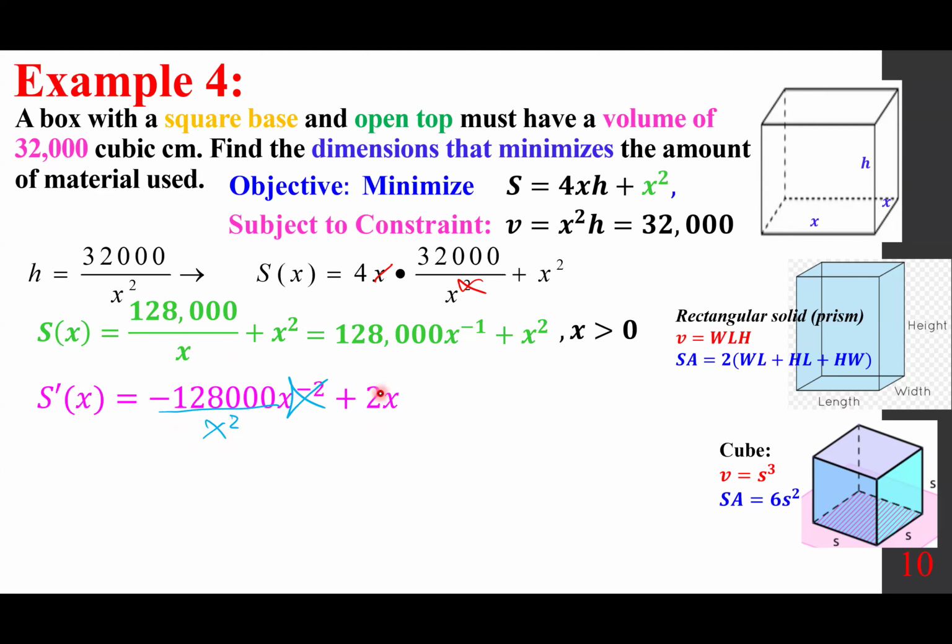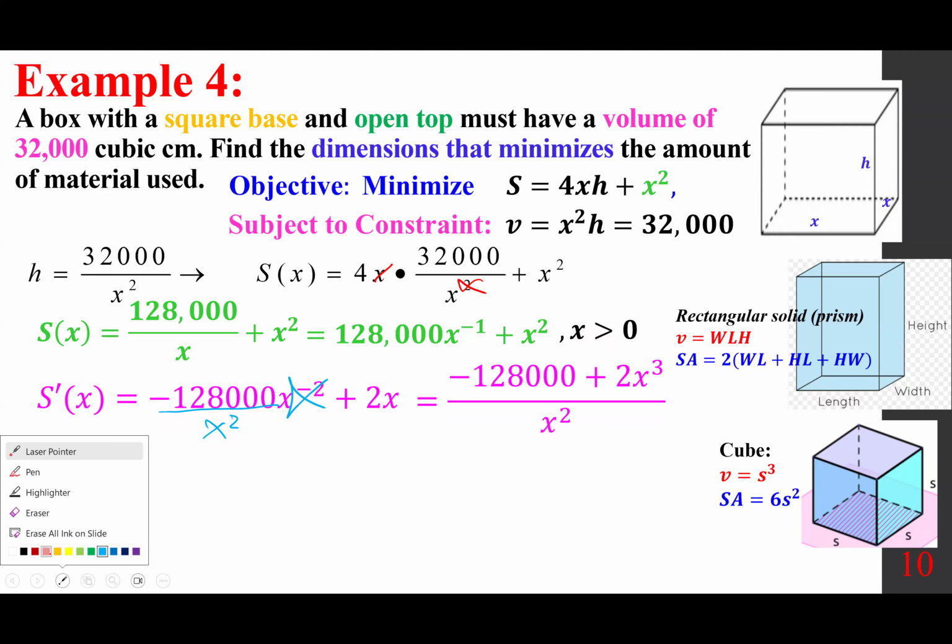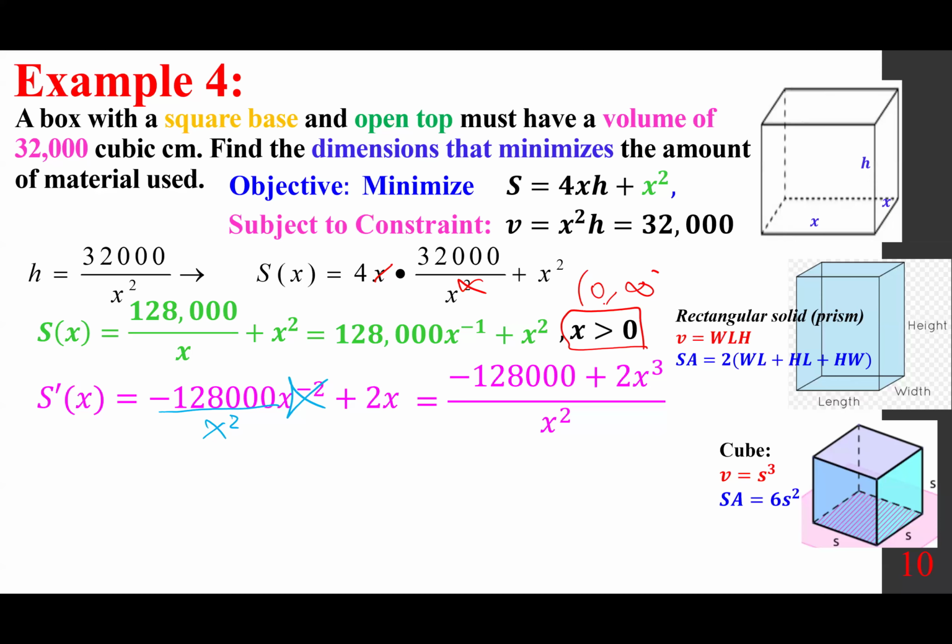This doesn't change, and this becomes 2x cubed. So now you have S prime of x. S prime of x is 0 if the top is 0. S prime of x doesn't exist if the bottom is 0. The bottom being 0 means x is 0, which is not part of the domain. So S prime is 0 when the top is 0.